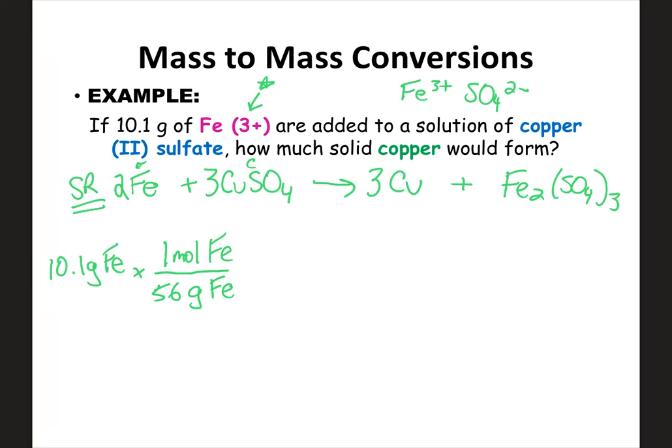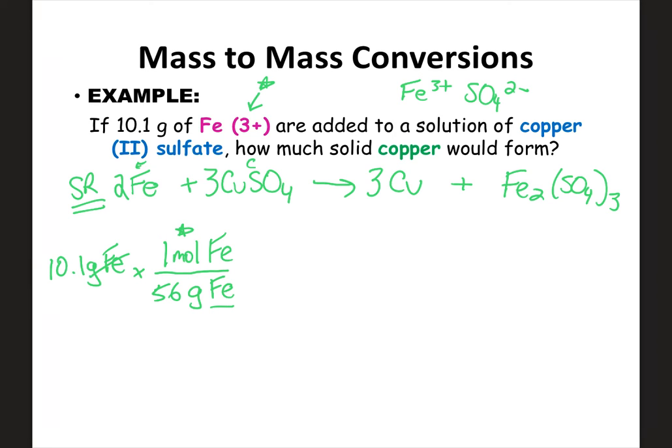So anytime you have grams to moles here in these problems, it always has to be 1 mole for a certain number of grams. You don't look at the balanced equation yet. That's something very important to pay attention to. It's always 1 mole for a certain number of grams. If Fe was a compound, you might have to do a molar mass here as well. So just get used to doing maybe a couple molar masses in these problems.